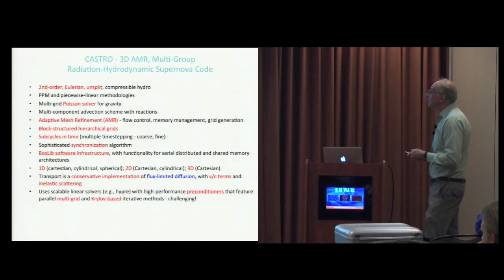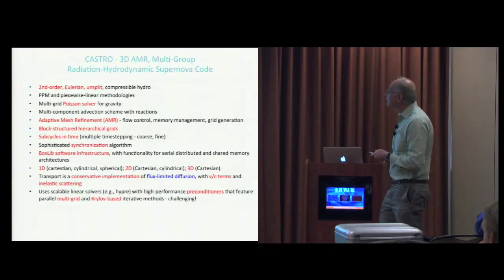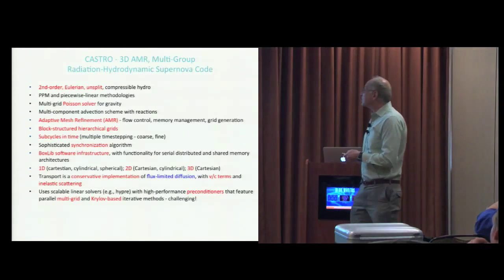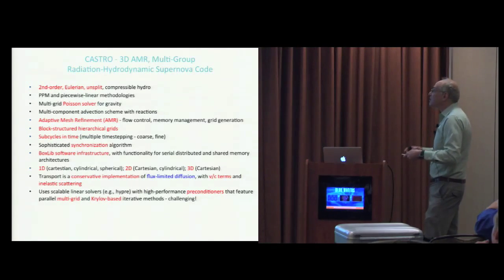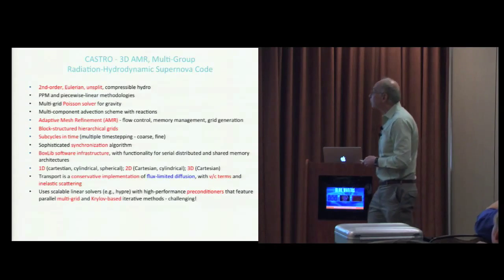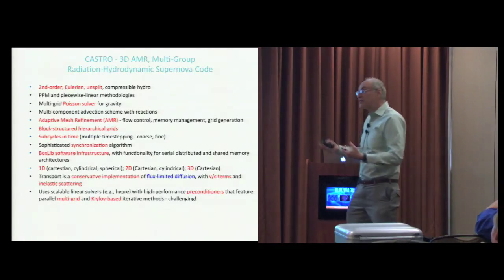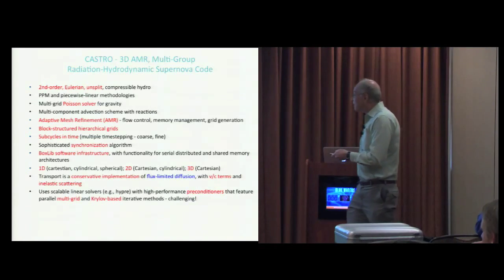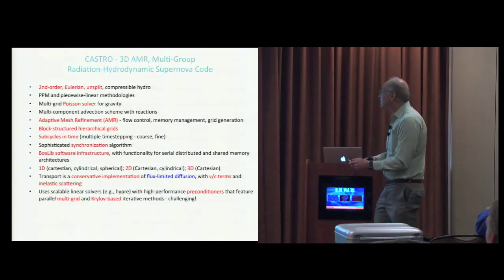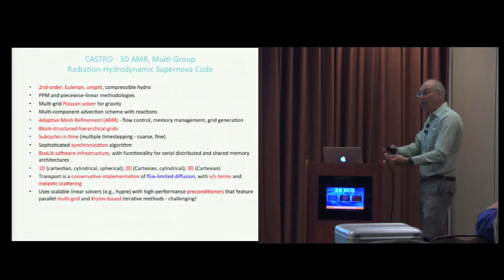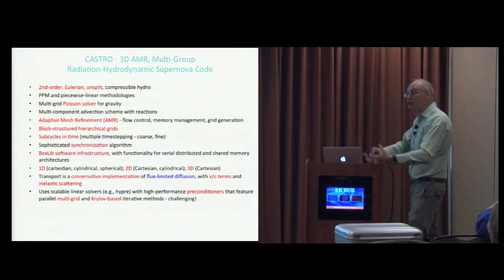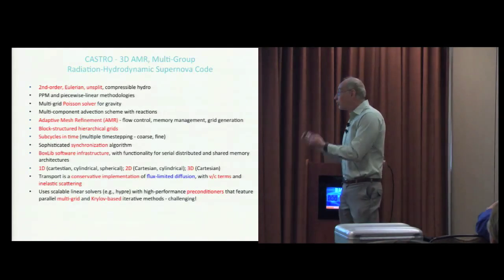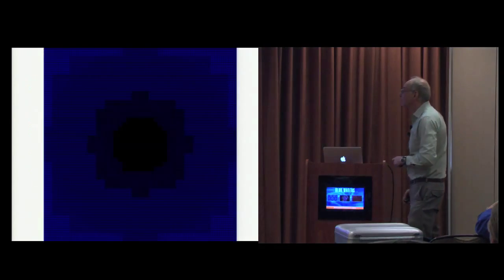It used block structured hierarchical grids, AMR, BoxLib software infrastructure. All these things were necessary, we thought, to approach this problem, with subcycling in time, and the code basically works. But it had to use these multigrid and Krylov methods with preconditioning in order to solve the huge matrices that were necessary when doing the calculations for the transport implicitly.